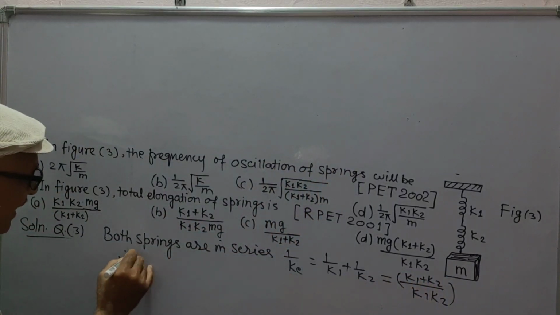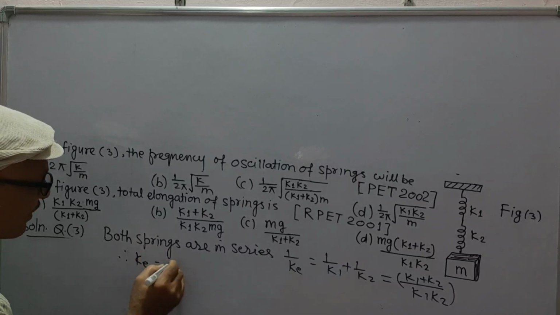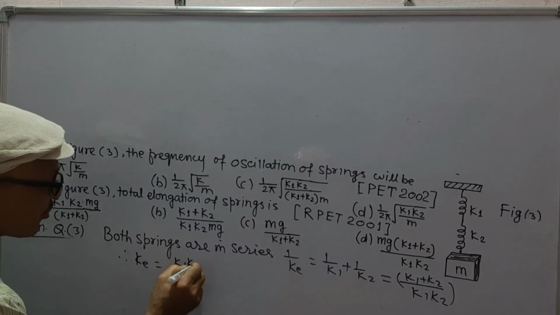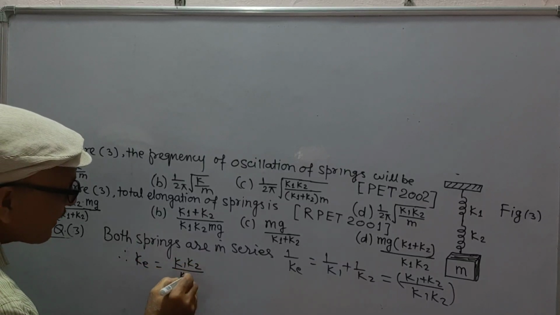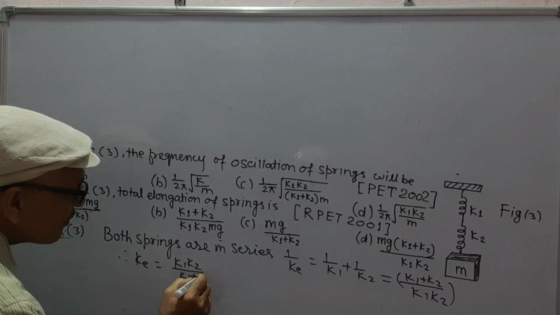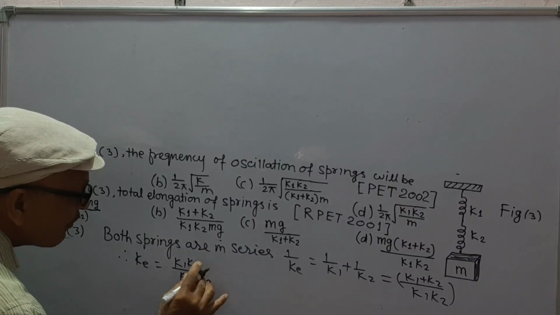Therefore, K effective will be equal to K1 K2 upon K1 plus K2.